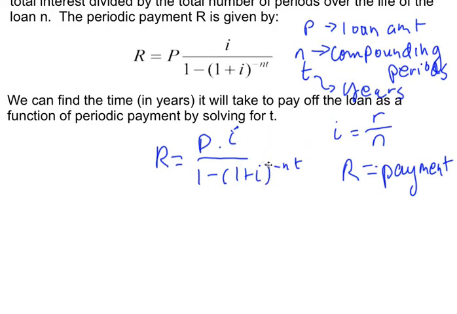I am going to multiply both sides by my denominator so I can get rid of my fraction.